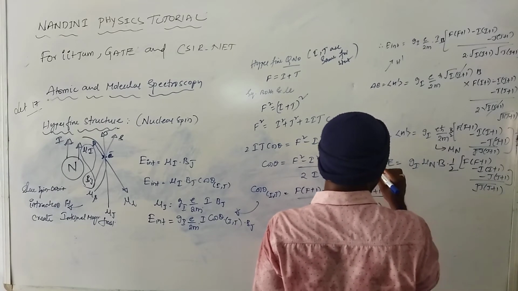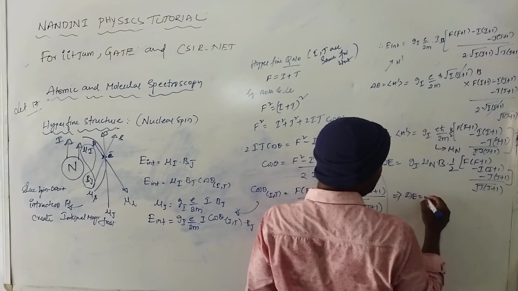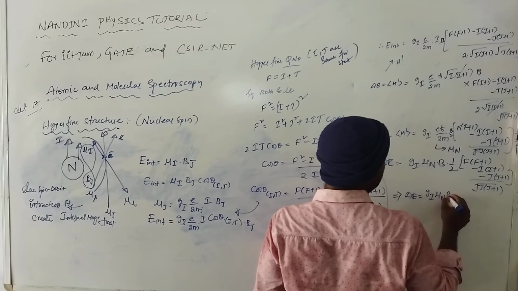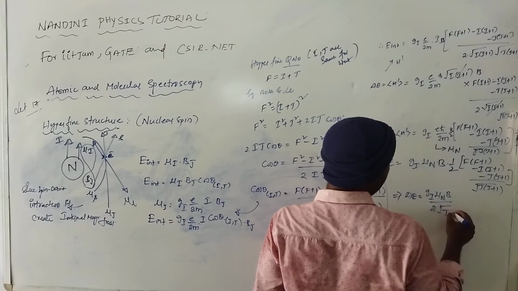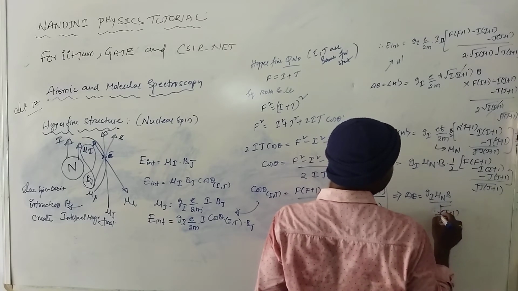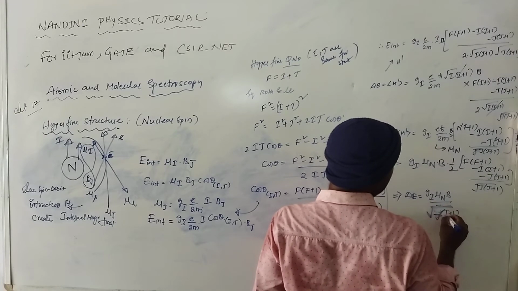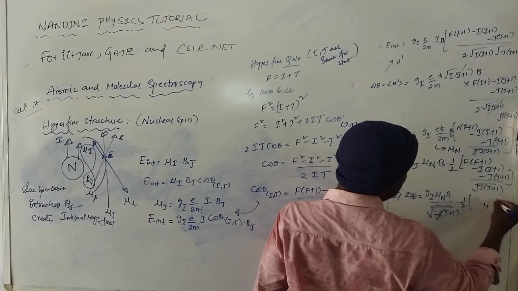So, therefore, finally you will get delta E is equal to g_I mu n B by 2 into root over j into j plus 1 into 1 by 2. So, remaining this term as usual.